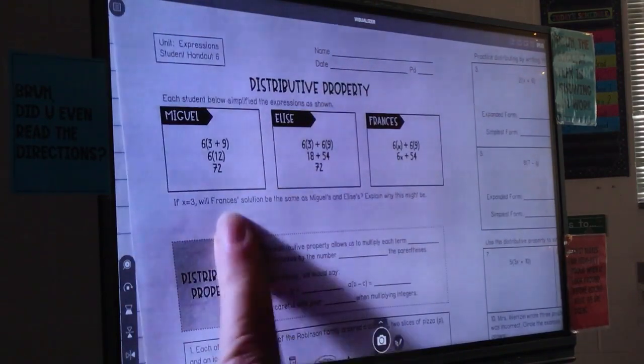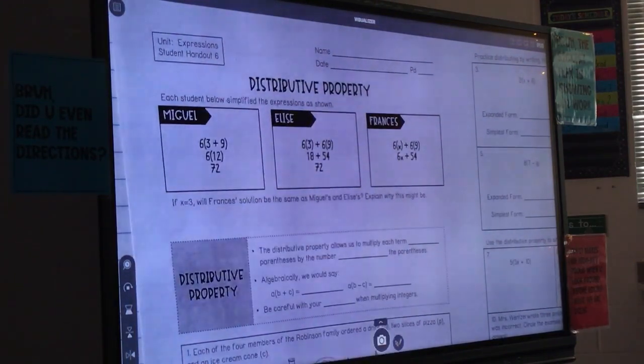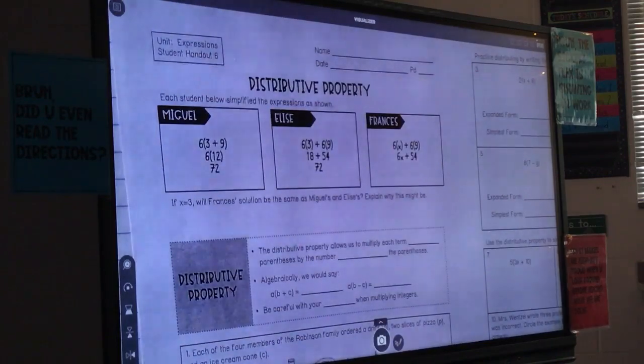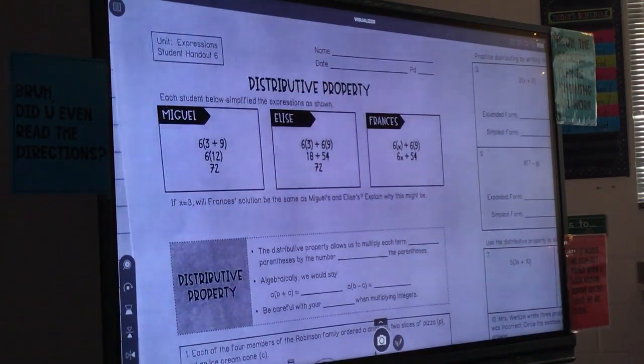If x equals 3, will Francis's solution be the same as the other two? Why do we know? Or why might this be? Ansley? Because 6 times 3 equals 18, and 18 plus 54 is 72. Okay. That's right, 100% right. But what's a simpler reason?